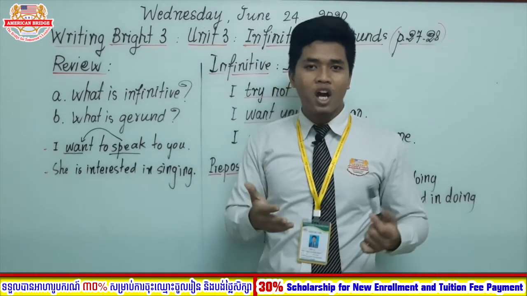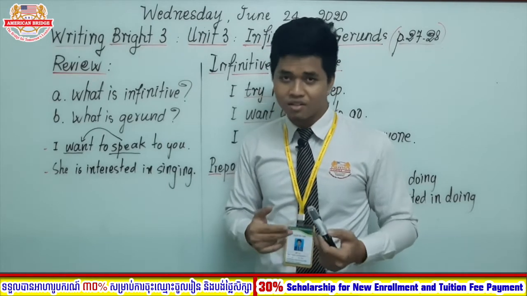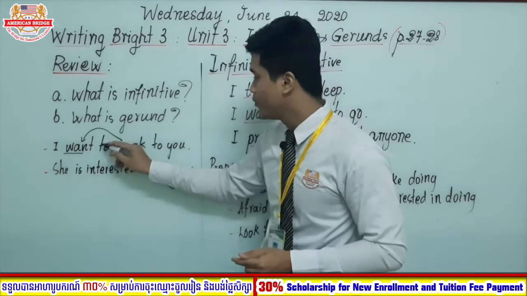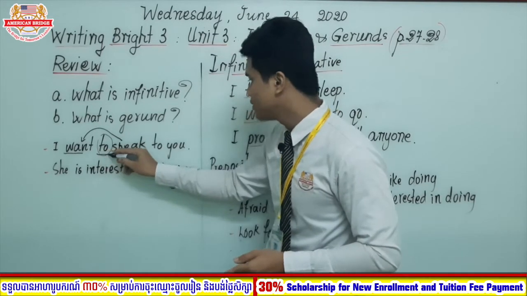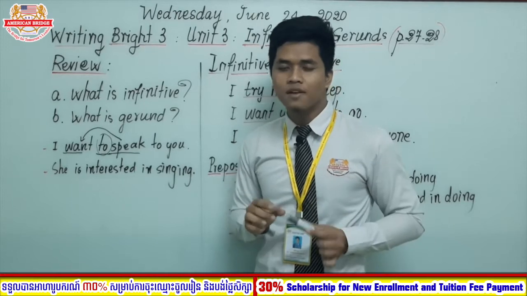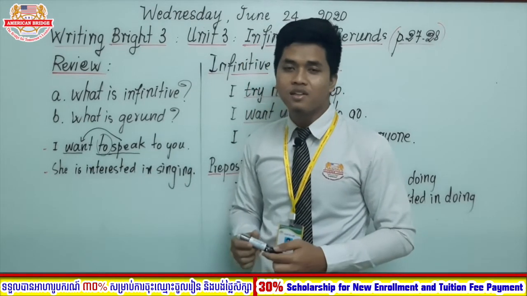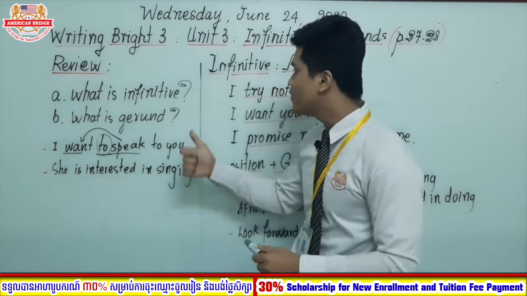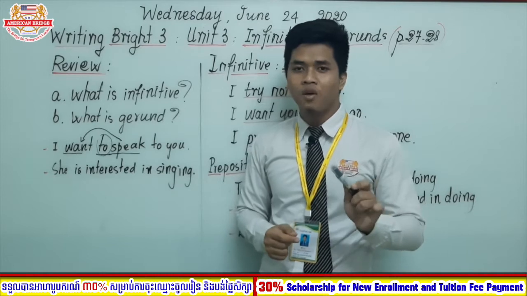But we cannot use two verbs close together like this. That's why we need the word to. So here, to speak is the infinitive, and it functions as the object of the verb want in this sentence. So here, infinitive refers to the verb that begins with to.